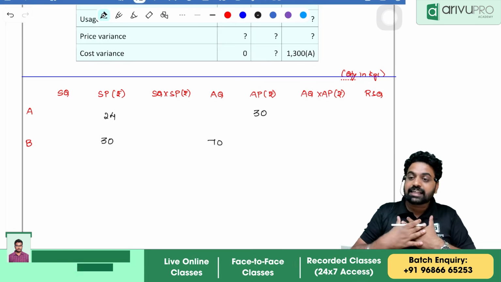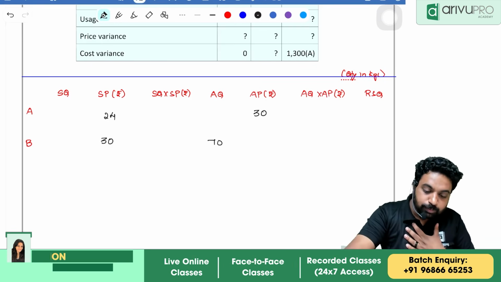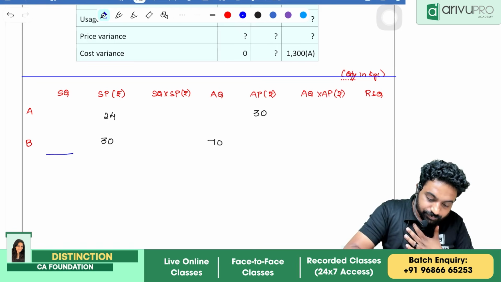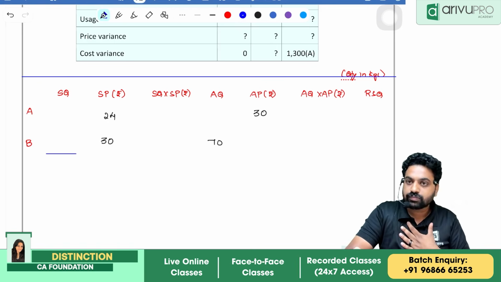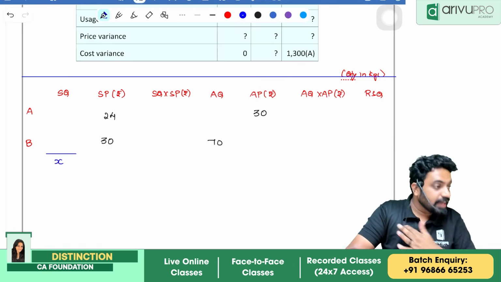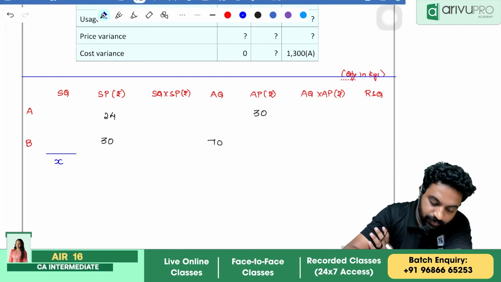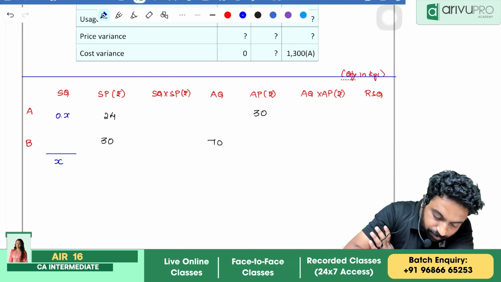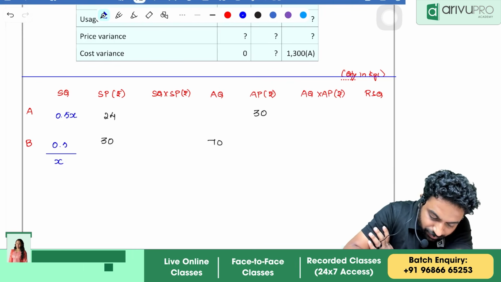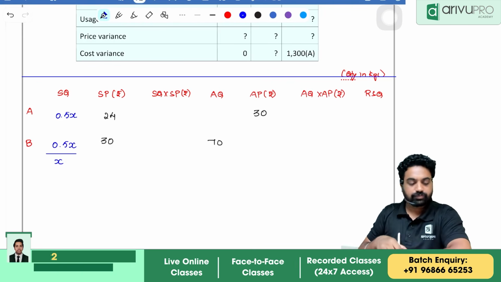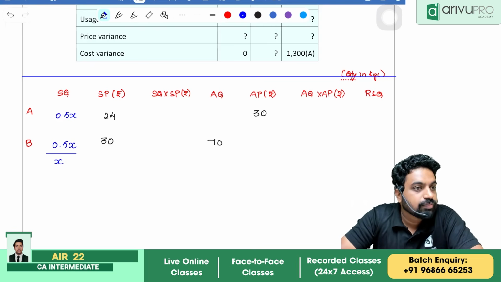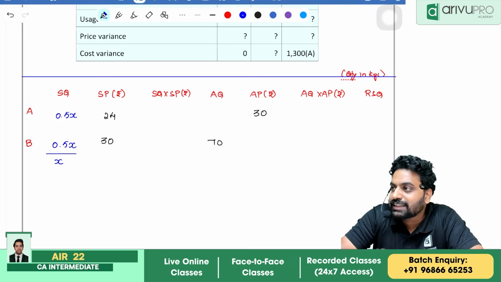So shall I take the standard quantity for actual output as X? And what is the ratio between A and B? Can I say 0.5x, 0.5x?